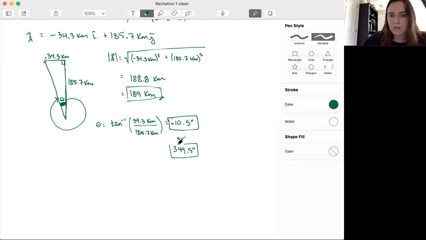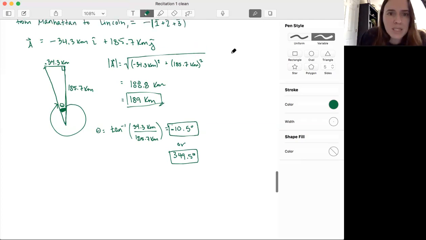So both of these angles tell us the same thing. Just one's pretty and one's not. I don't like angles over 90. That's just me. Okay. Is that the end of the question?